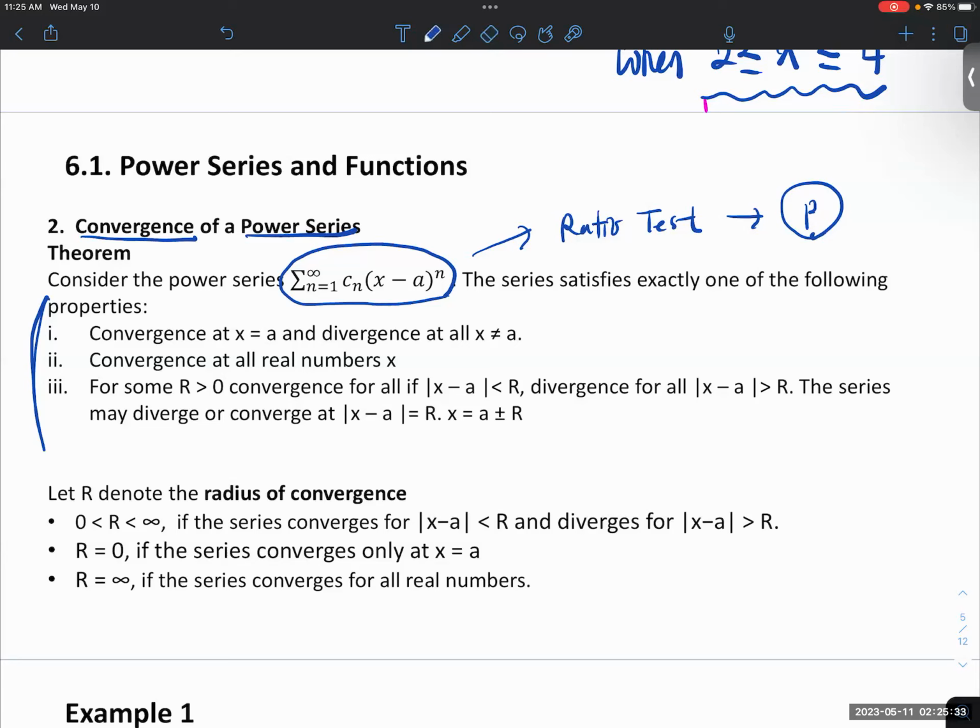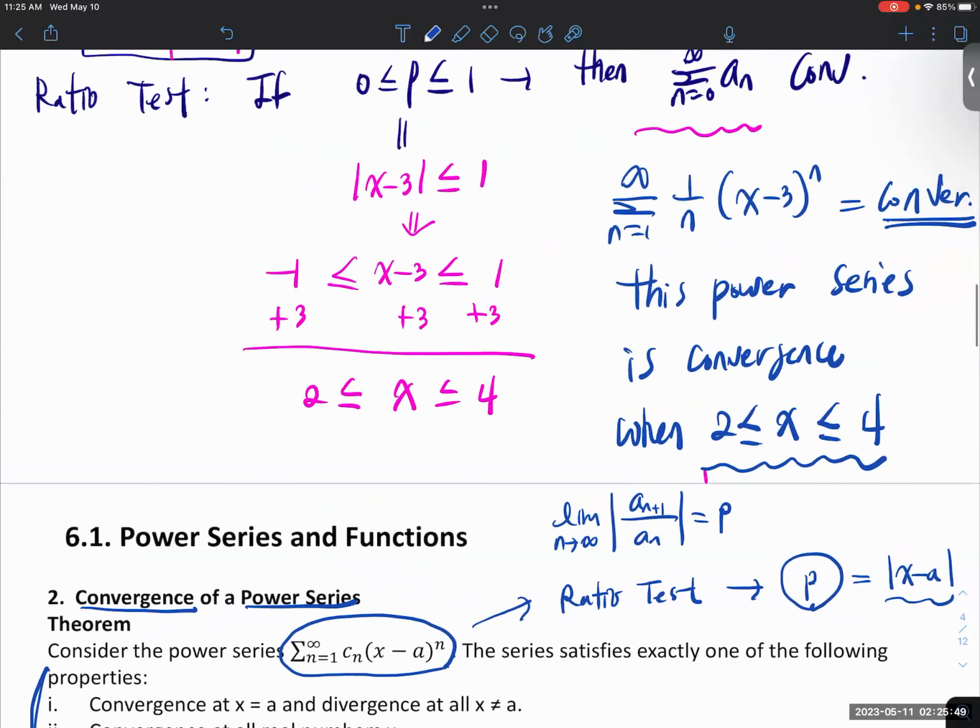You're going to have a p by using the ratio test, which means the absolute value of that is a p. And then for that p, you will find out the absolute value of x minus a, something we just found out like here.